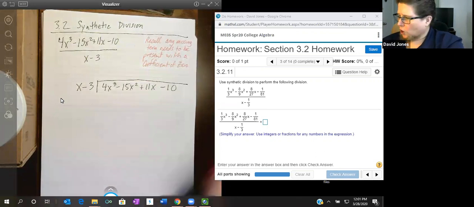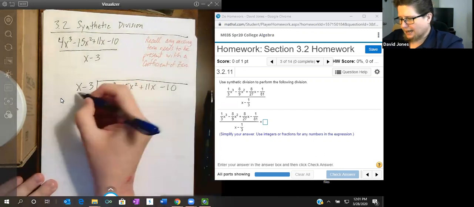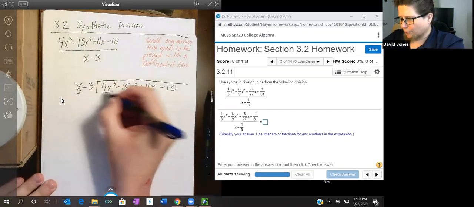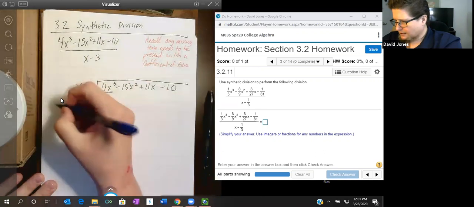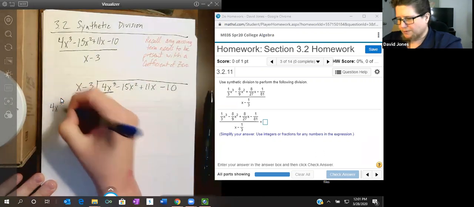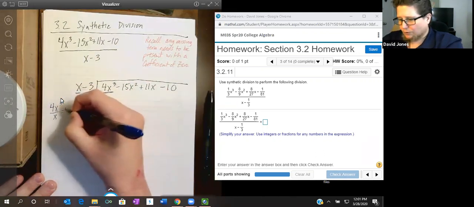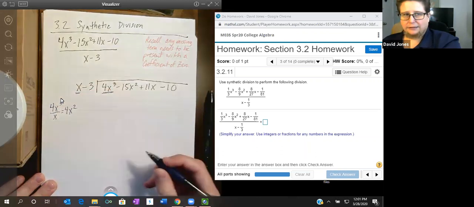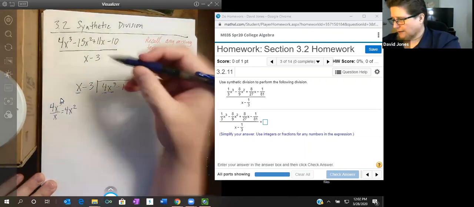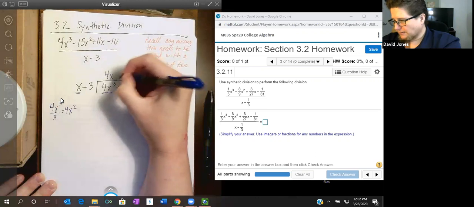And if you recall, the first thing we wanted to see is how many times x goes into 4x cubed. 4x cubed divided by x equals 4x squared. I'm going to put that up here.